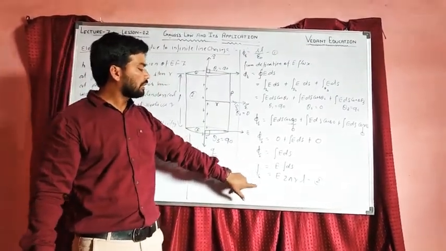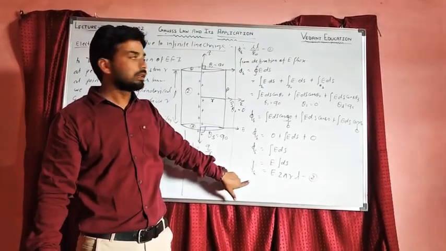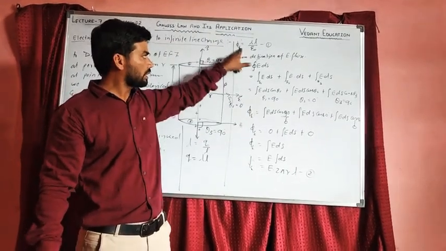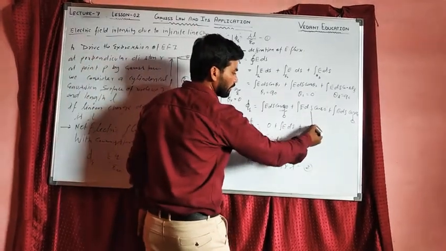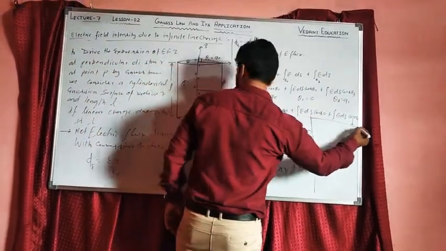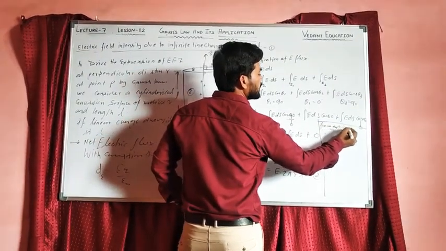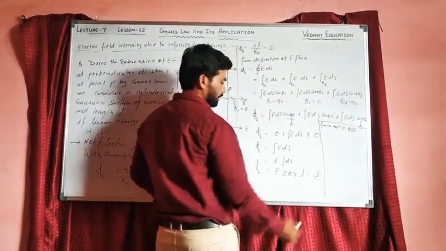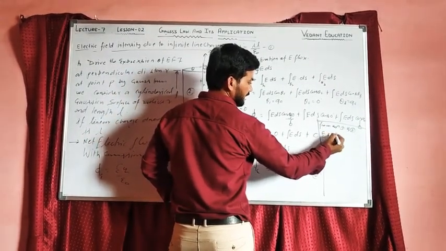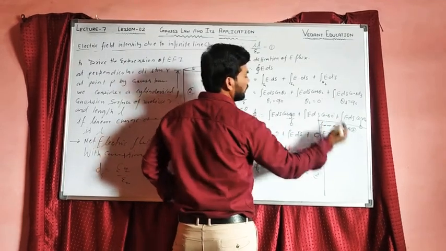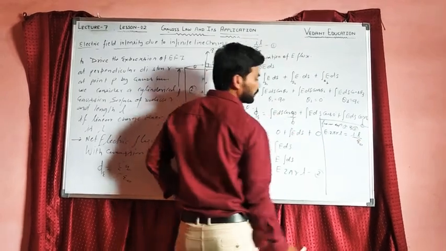You can see the left side of both of the equations is the same. So from equations first and second, E into 2 pi RL equal to lambda L over epsilon 0, right?